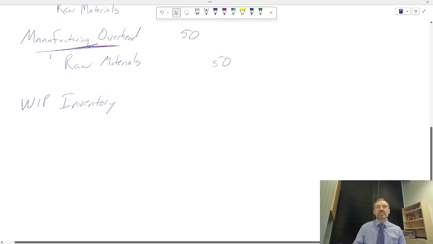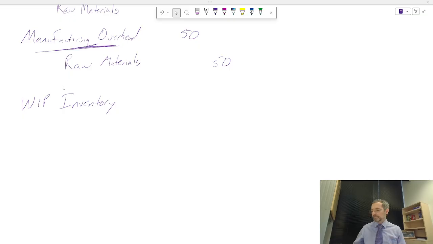And we said Jane worked $120 on job 101. I'm just going to focus on that one, but we'd probably put job 101, job 102. We would have to debit both of those because we're tracking these jobs separately.